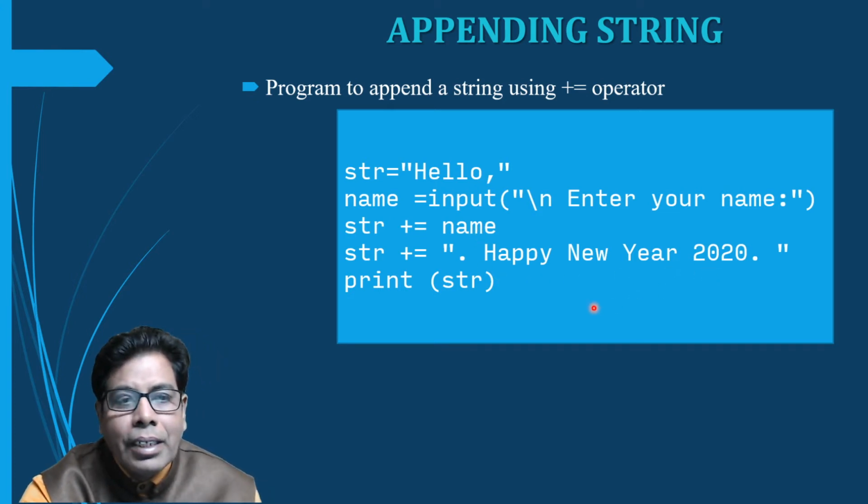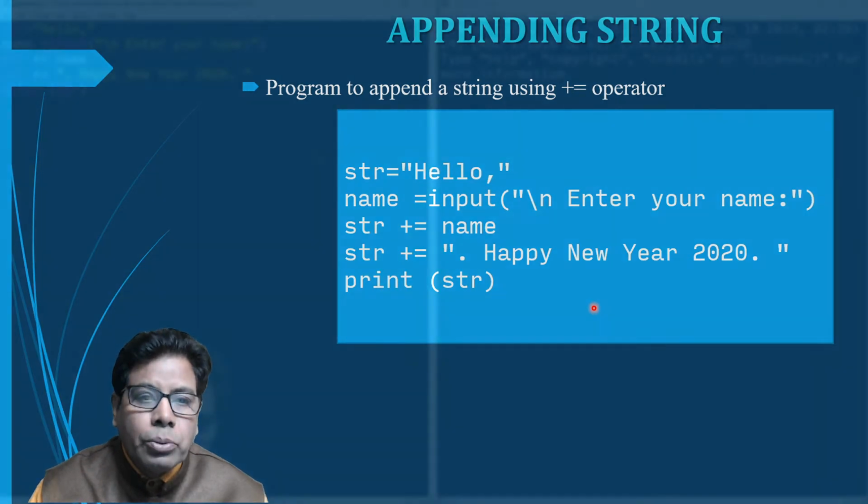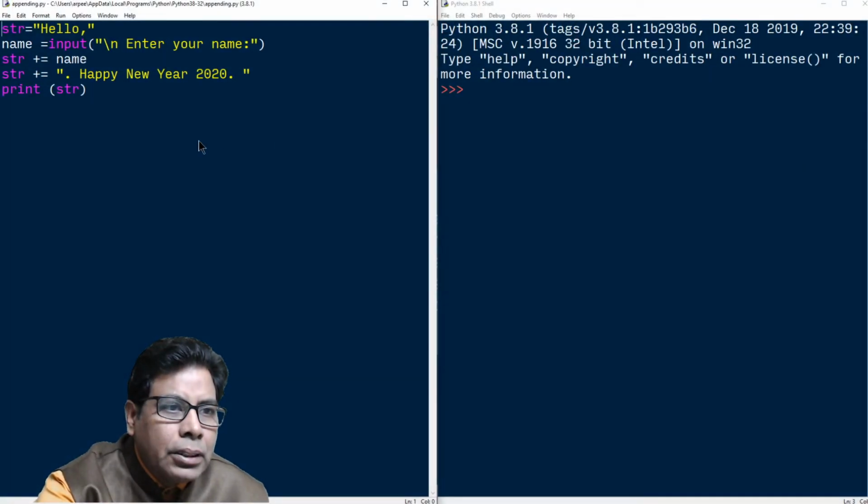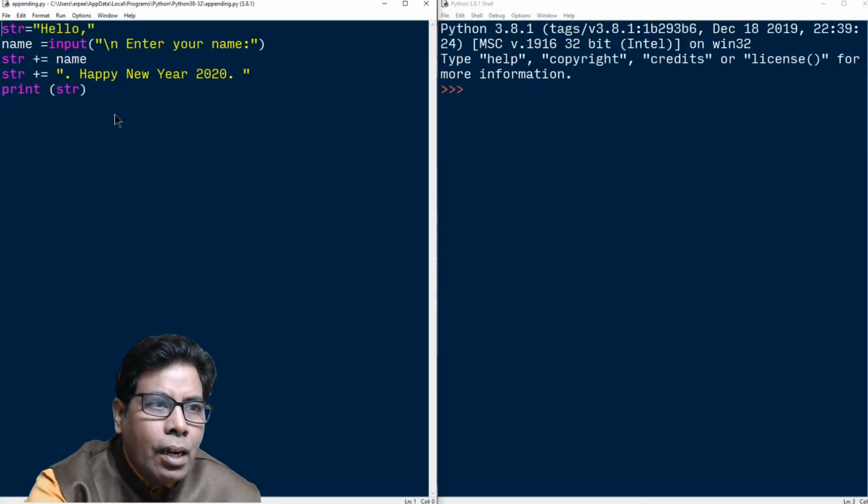Let us see how we can execute this program. So here we have program for append operation. So we have taken the string hello, and then we have entered another string from the keyboard, that is the name, and then we append it with hello, and again we append another string happy new year 2020 with that.